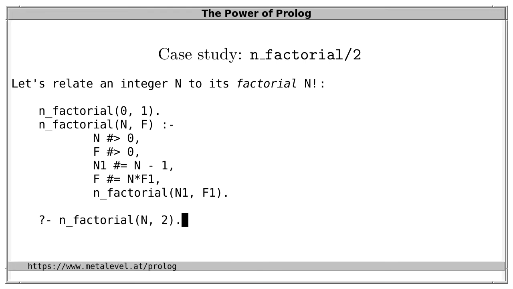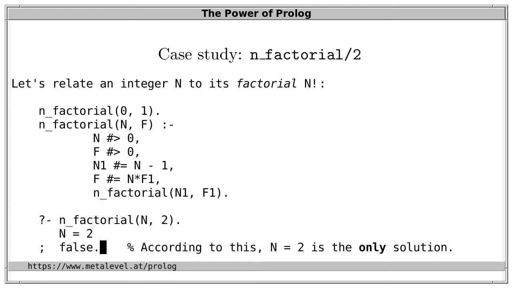For instance, if we ask, is there an integer n such that the factorial of n is 2, then the program tells us, yes, n is 2 is a solution, and no other solutions exist. So according to this answer, n is 2 is the only solution.